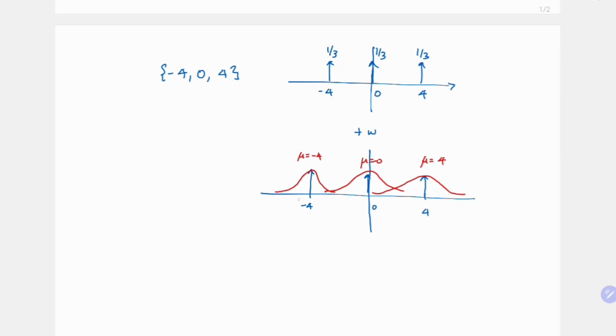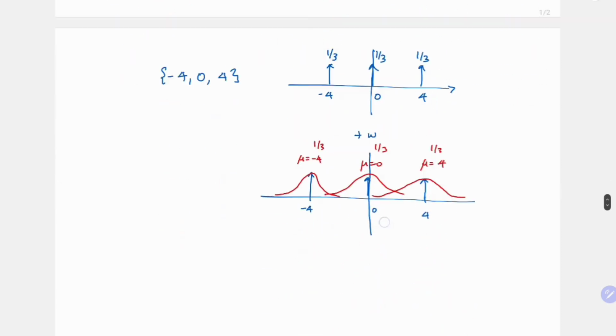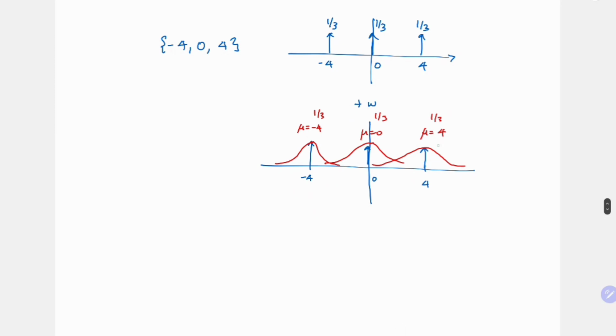Now this is how the three distributions will look, and each of these will again have 1/3 probability on top of the Gaussian distribution. So if this point is A, each of them will have A by 3, A by 3, A by 3 and so on. Now if you look at your receiver data with noise, you will observe all these amplitudes, and they will have probability given by this bell function.